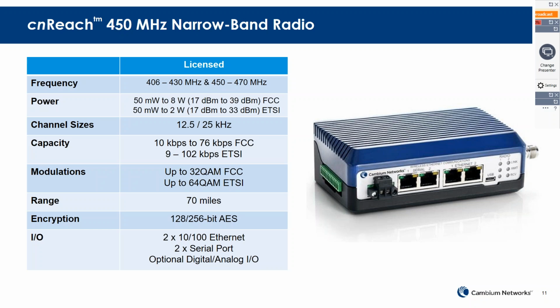Again, this radio is equipped with optional digital analog I/O, but it's standard with two 100 megabit Ethernet ports and 2 serial ports. These 2 serial ports can be used to manage the radio, or they can be used for serial to IP, IP to serial conversion.